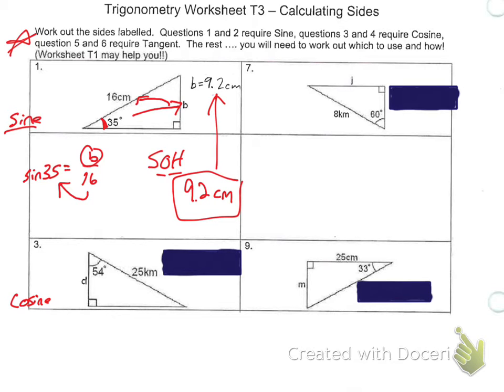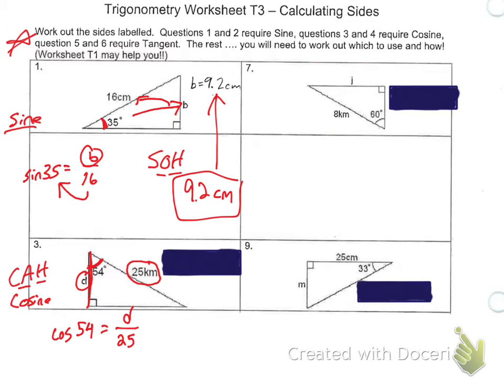All right, I'm going down, so 3 right here. So this one's saying that I have to do cosine, so that'd be CAH, so that'd be adjacent over hypotenuse. So I start at my angle, and I'm starting right there. The adjacent is D, and that's going to be over the hypotenuse of 25. So it's going to be cosine 54 is equal to, again, it's adjacent over hypotenuse, so it'd be D over 25.